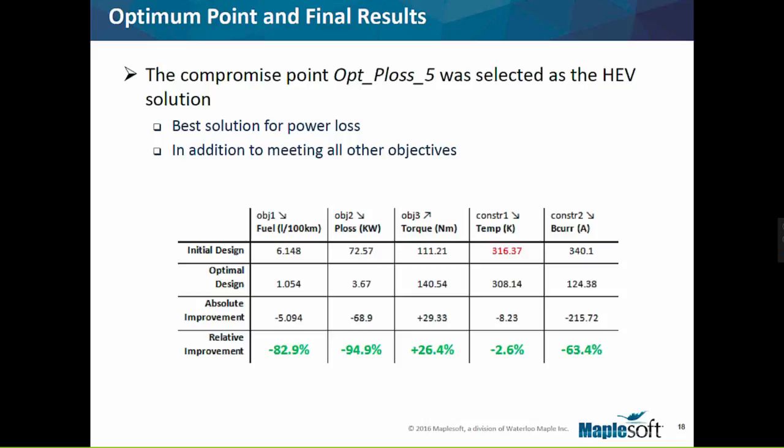This compromise point guarantees the best solution for power loss, in addition to meeting all the other objectives. This table shows a comparison of the results from the initial design and the optimum design, which shows the relative and absolute improvements of the objective functions.